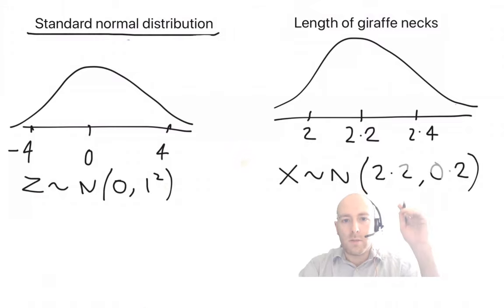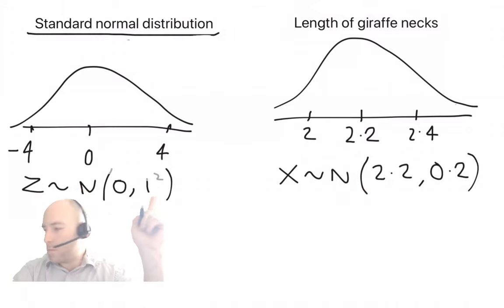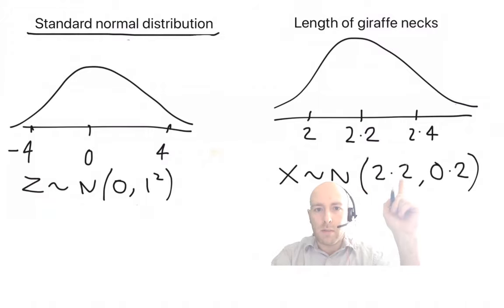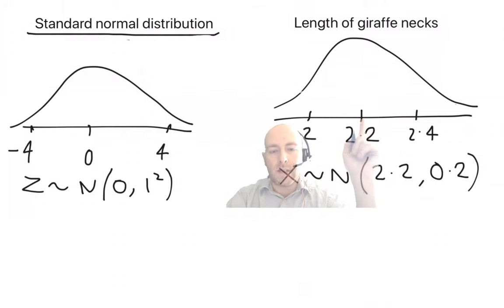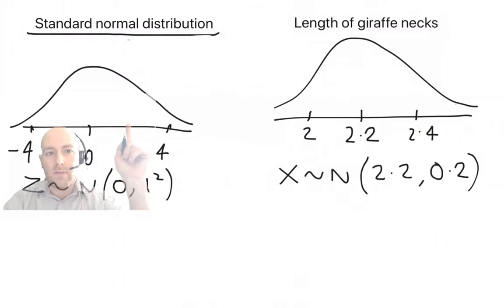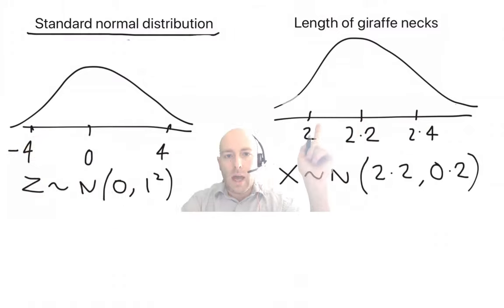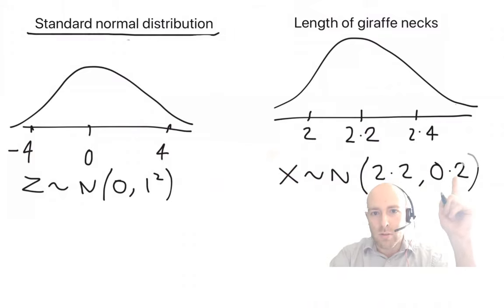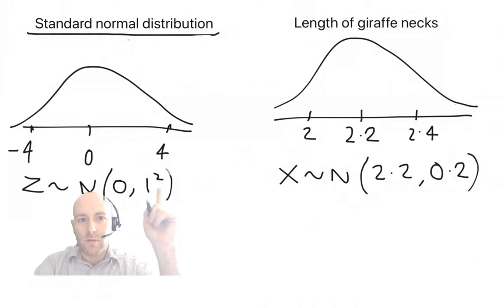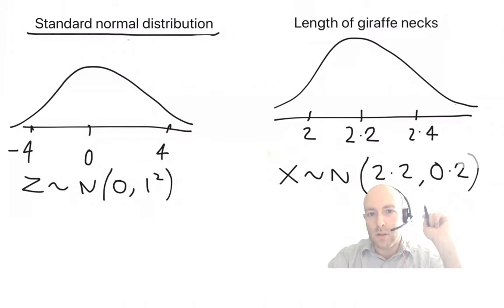So I want to turn this distribution into this distribution. And the way I'm going to do that, I'm going to subtract 2.2 from every giraffe's neck length, and that's going to make the average neck length 0. And then I'm going to divide every giraffe neck length by 0.2, which will force it to have a spread of 1 instead of a spread of 0.2.